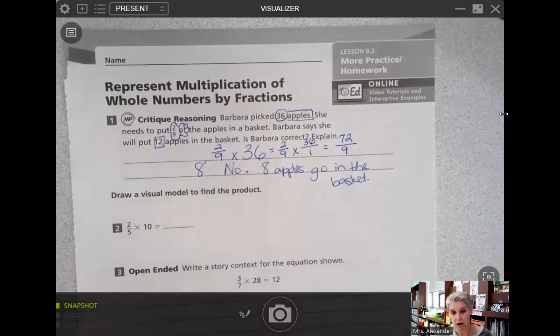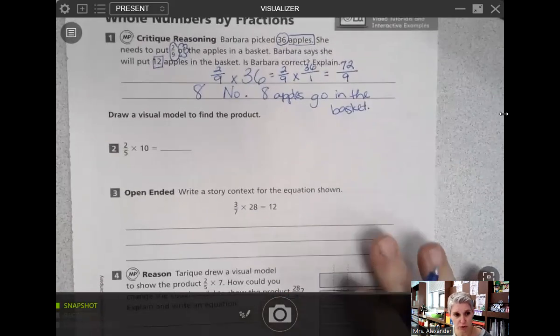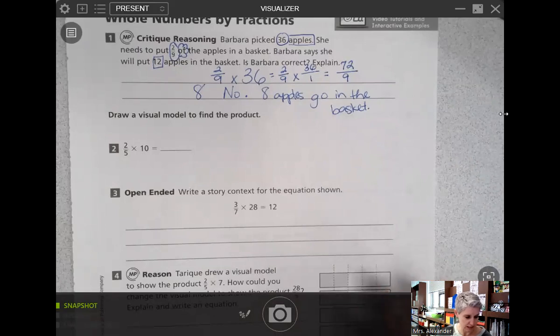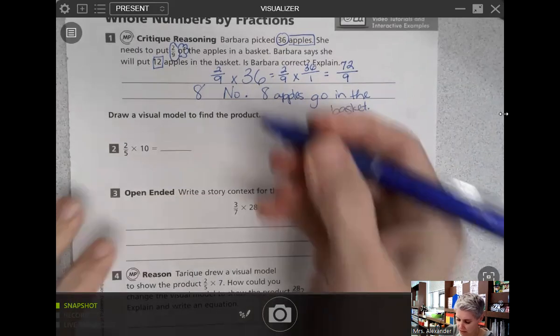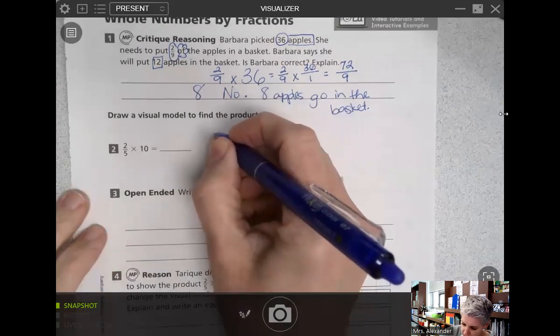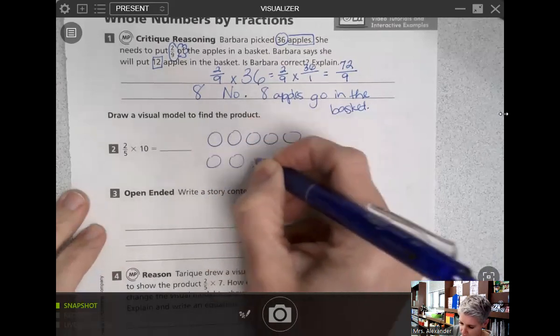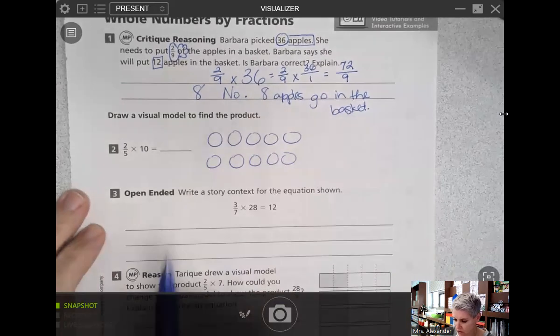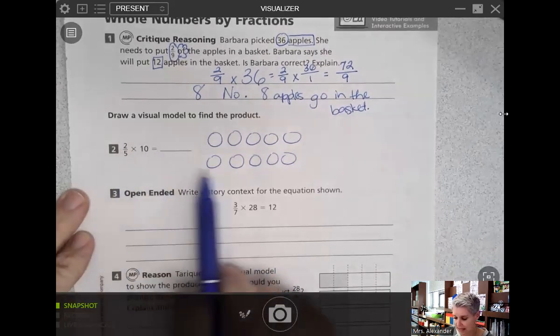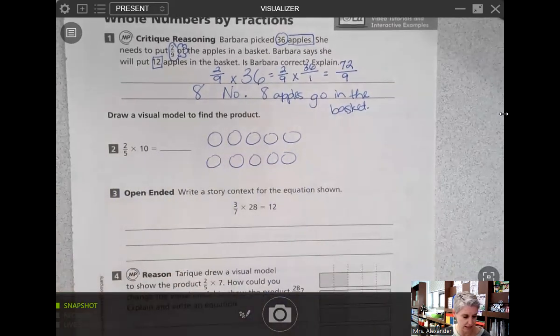Sorry, Barbara. All right, here we are going to draw a model. 2/5 times 10. So if I have 2/5 of 10, let's see, I have 10. So I have 2/5 of a whole 10. So I'm representing my whole 10 here.